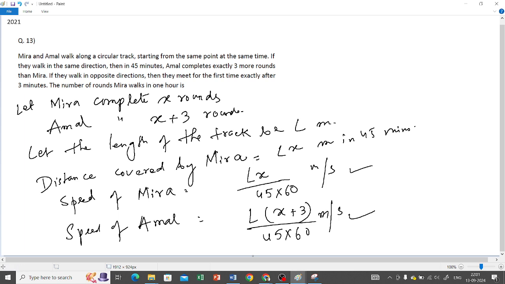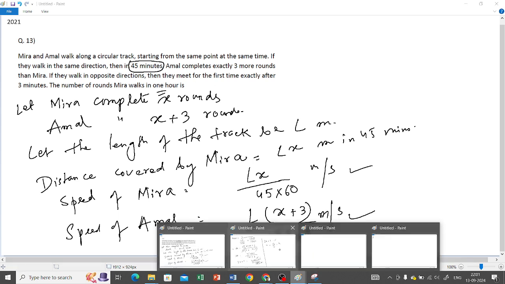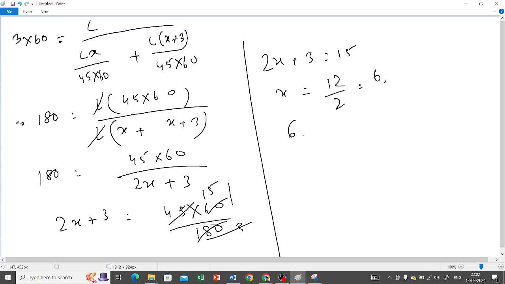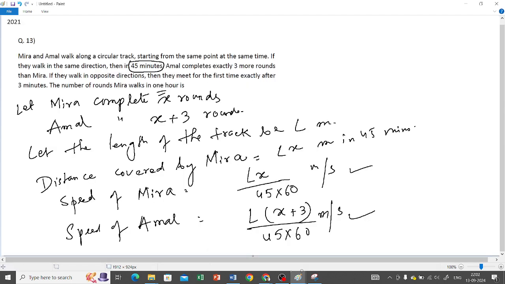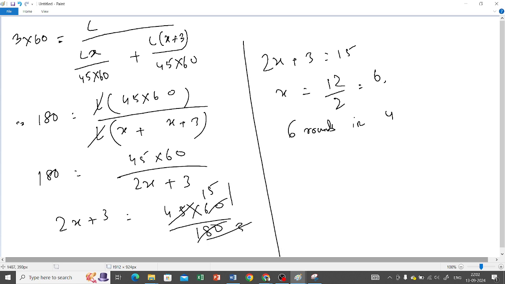So three more rounds, but this is the case of 45 minutes, right? If they walk in the same direction, then in 45 minutes Amal completes exactly 3 more rounds than Mira. So Mira completed x rounds in 45 minutes. The question is how many rounds will she walk in 1 hour? So 6 rounds in 45 minutes.